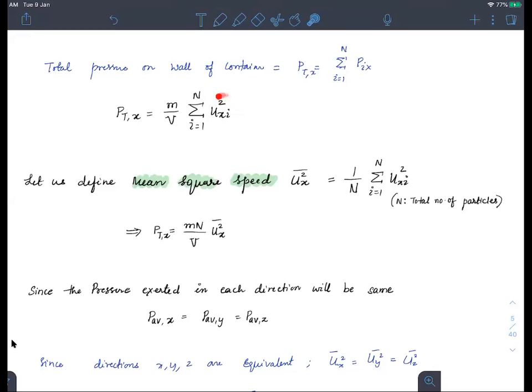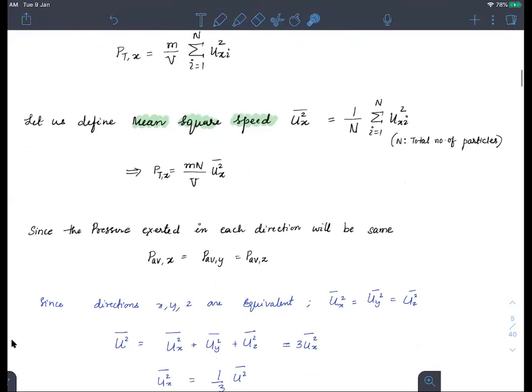So this entire sum can be replaced by n times the mean square. The bar means it is a mean square speed. So the total pressure will be mn by v into u square bar.